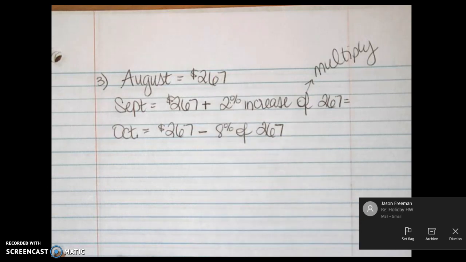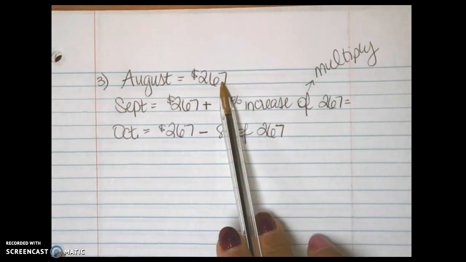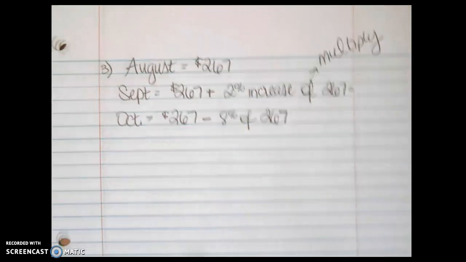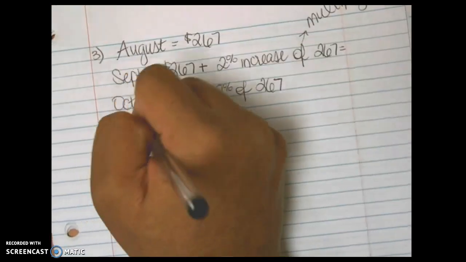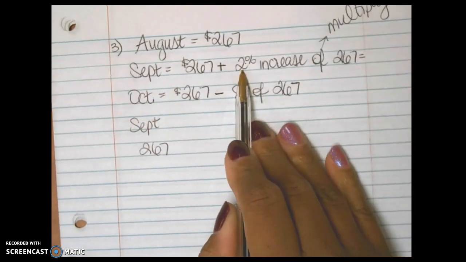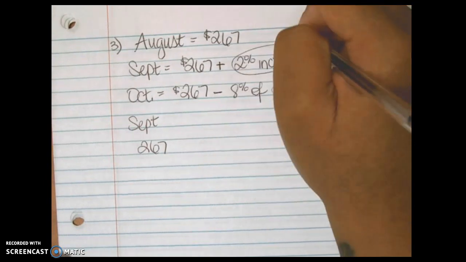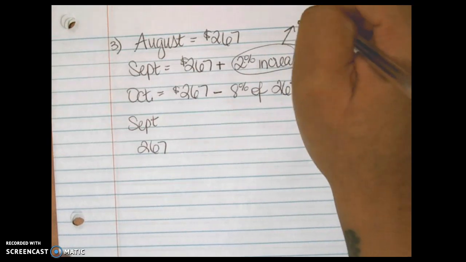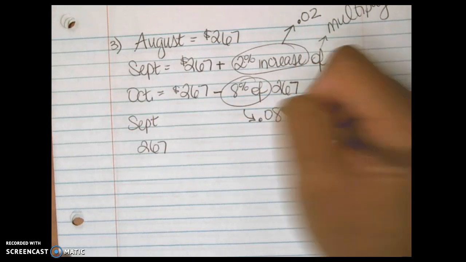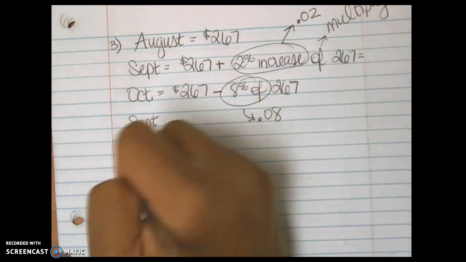So I've got 3 things to do. Well, not even. I have 2 things to do. I've already been given the amount of money for August. Now I need to know how much he paid in September and October. So September is $267 times 2%. 2%, once I convert it, becomes 0.02. 8%, once I convert it, becomes 0.08. 267 times 0.02.